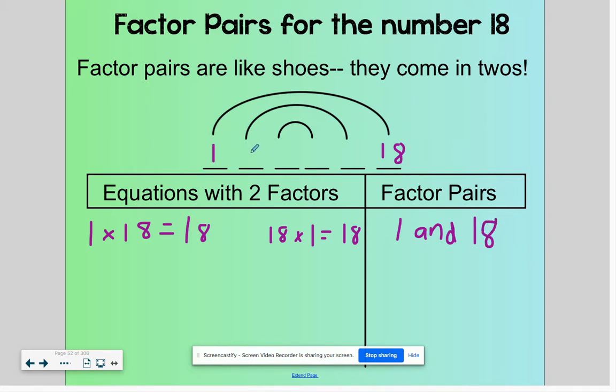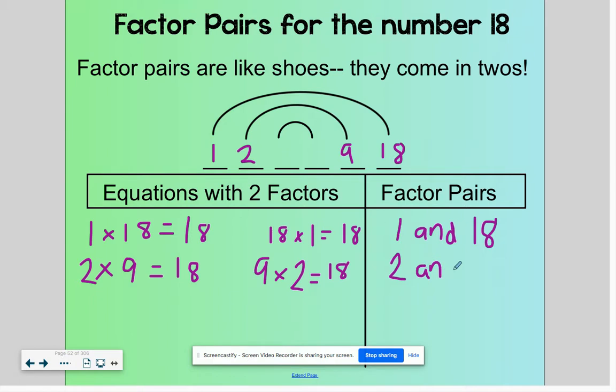Let's try the number 2. Yes, 2 is a factor of 18 because 2 times 9 is 18. So our equations would be 2 times 9 equals 18, and 9 times 2 equals 18. And our factor pair would be 2 and 9. 3 times 6 also equals 18.